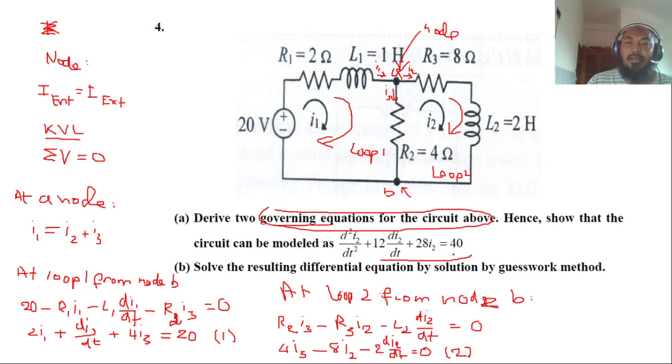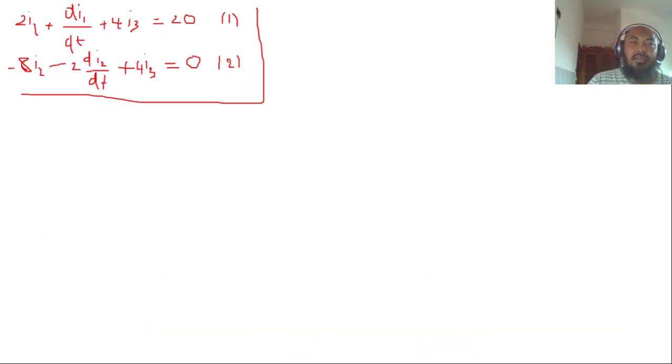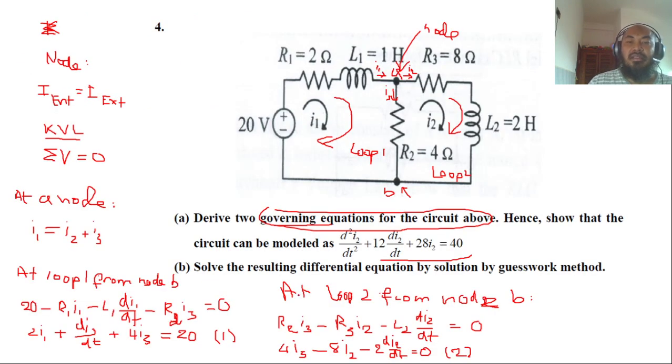And then to show that the circuit can model like this is the tough one, because from here I don't think we can get the second order ODE.